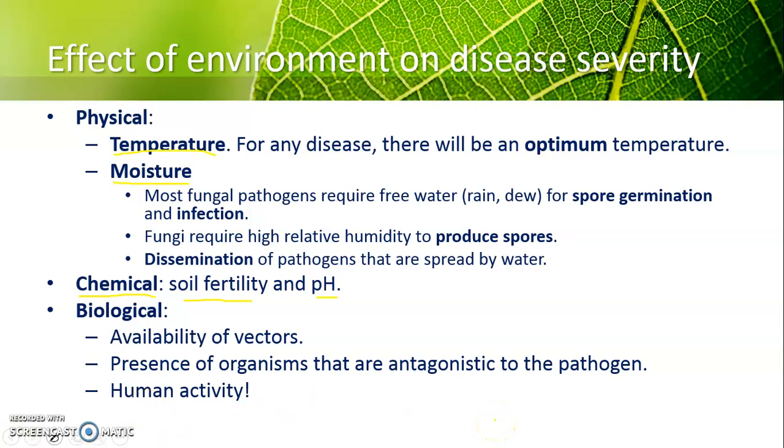If there are living organisms that are the enemy of the pathogen, then the disease severity will be reduced because something fights the pathogen. And also human activity, which is very important. Anthropogenic influence: human activity itself can influence the disease severity, either increasing or decreasing it.